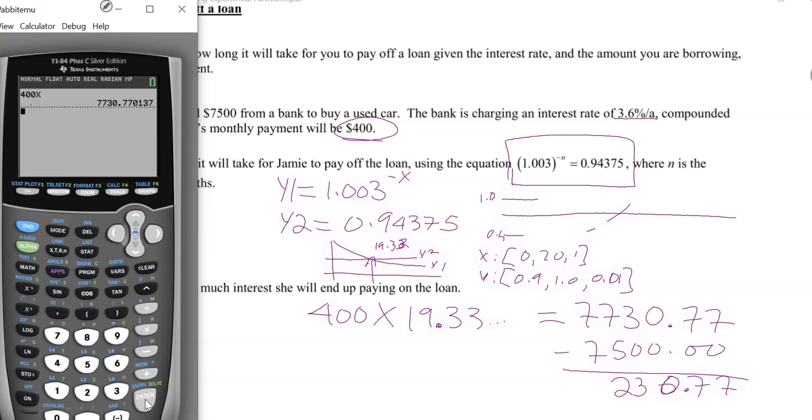So $400 a month for 19.33 months amounts to $7,730.77. She borrowed $7,500, so you subtract the amount borrowed from the total paid back, and that $230.77 is the amount of interest. That's how much interest had to be paid.